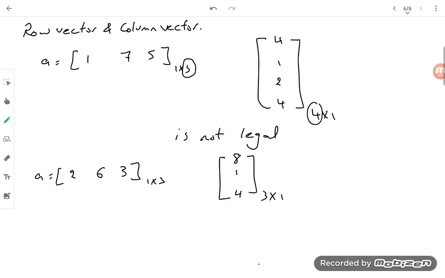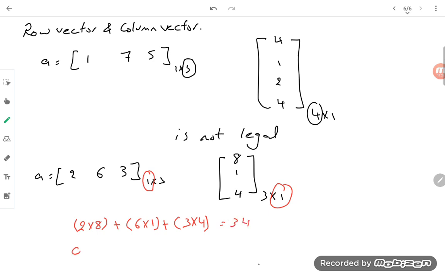And in this case, we are going to get a 1 by 1 matrix, which is a scalar, as it will be 2 multiplied by 8 plus 6 multiplied by 1 plus 3 multiplied by 4. So the summation will be 34.